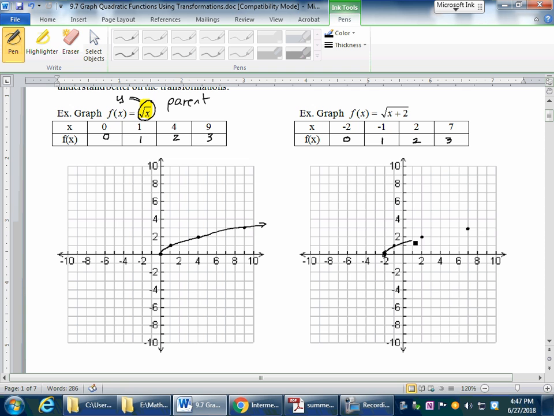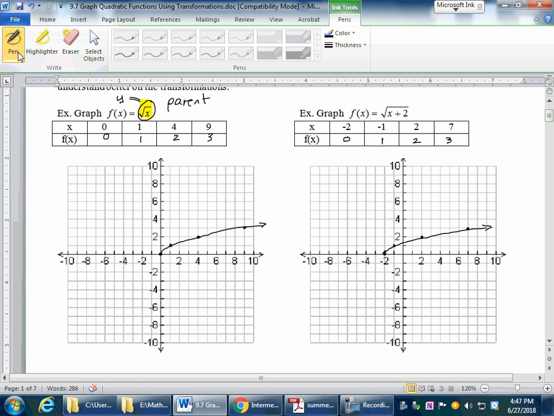When I graph this, that will be my graph right here. Notice what happened: if I add a number to the x value, my input, the entire graph shifts to the left.